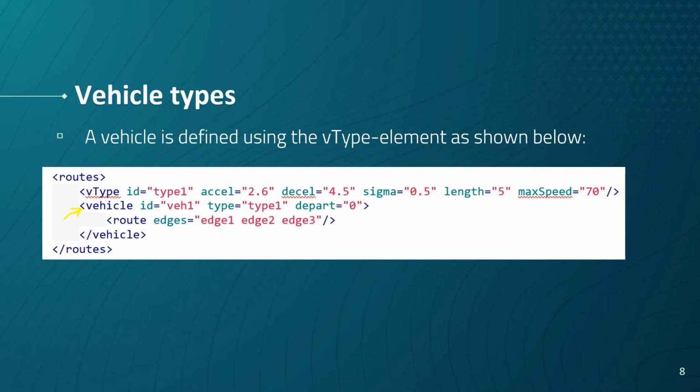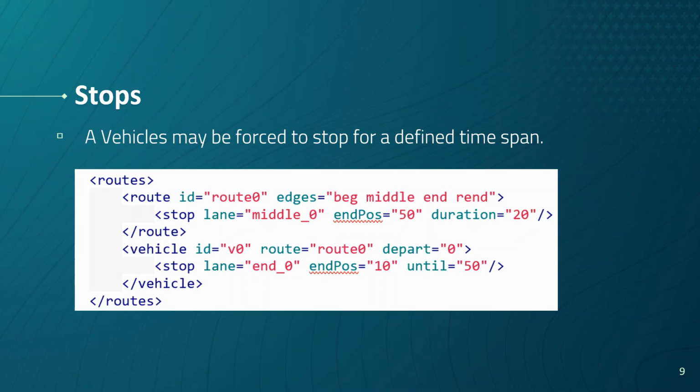And also the route element here is the child element of the vehicle, which is internally defined here, which includes the edges 1, 2, and 3. In addition, vehicles may be forced to stop for a defined time span or wait for persons by using the stop element, either as part of a route or a vehicle definition, as you can see from this example.